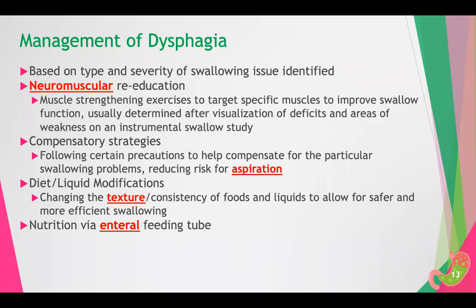There's the diet and liquid modifications where the texture and consistencies of foods will be changed to allow for safer swallowing. And that means that they might have mechanically altered food where it might be chopped really, really fine, or they might have to have a pureed diet depending on their issues swallowing. And then at the last resort would be nutrition via enteral feeding tubes.